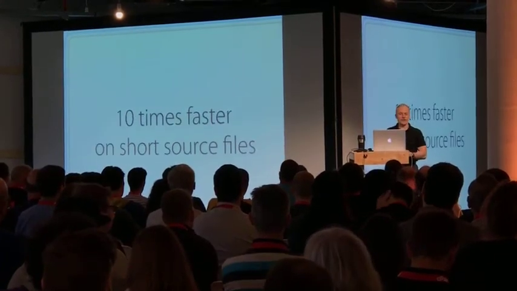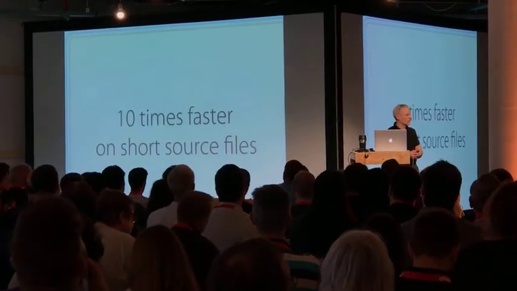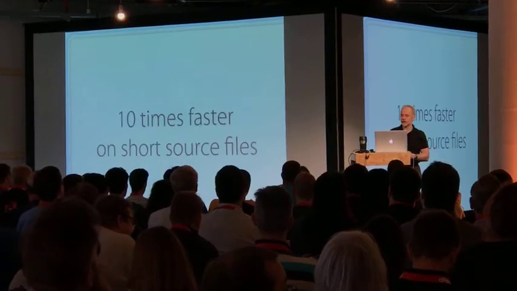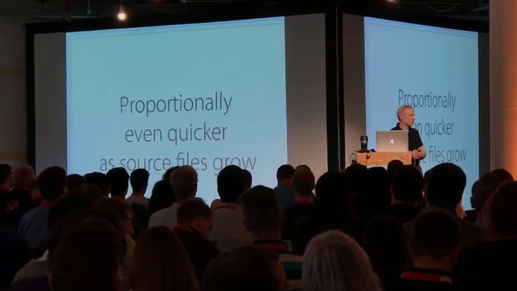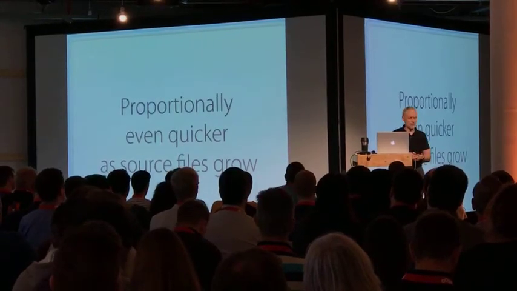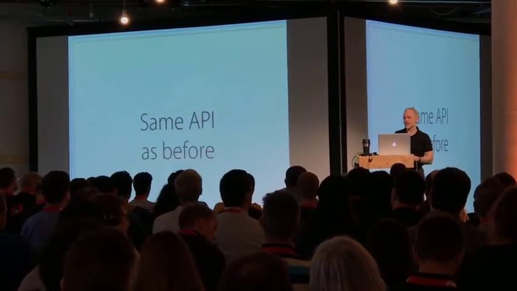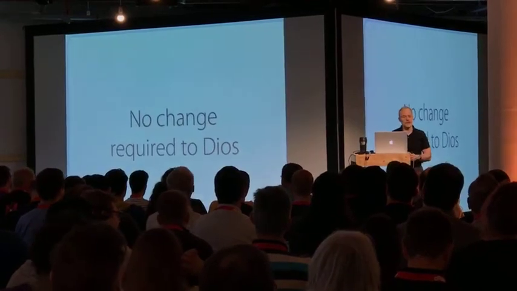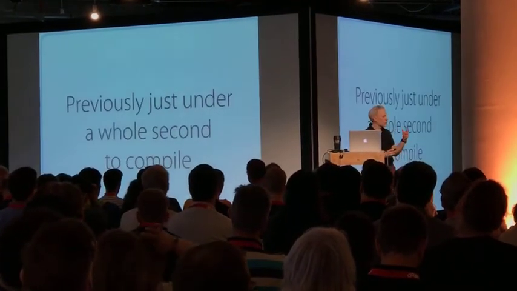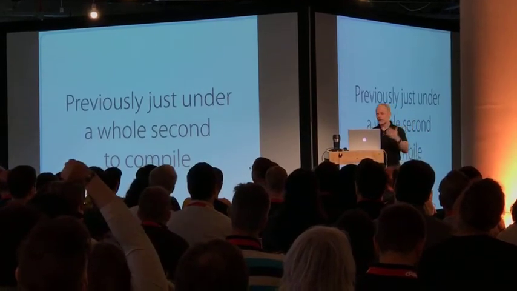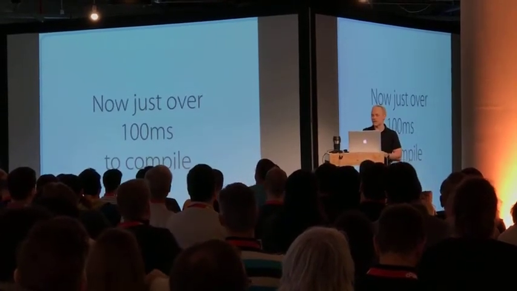And it turns out to be about 10 times faster for doing this on short source code files, and it gets even quicker as they get longer because it's doing less comparatively. Exactly the same API before, so I didn't have to change DOS, the next level up. And where it was previously taking a whole second to compile, now it was doing it in just on 100 milliseconds.